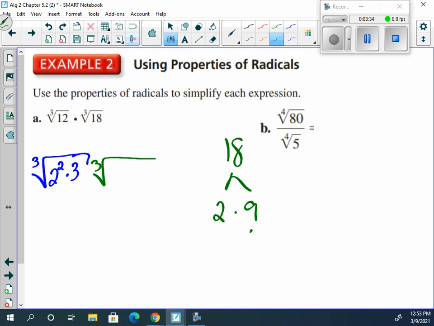Now 9 is what? 3 and 3. So our prime factorization for this would be 2 times 3 squared. So we've really broken these numbers down so they're a little bit easier to work with.